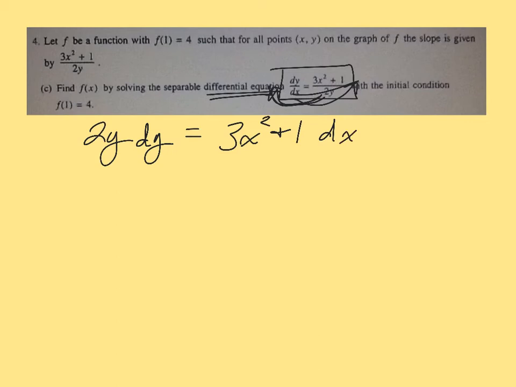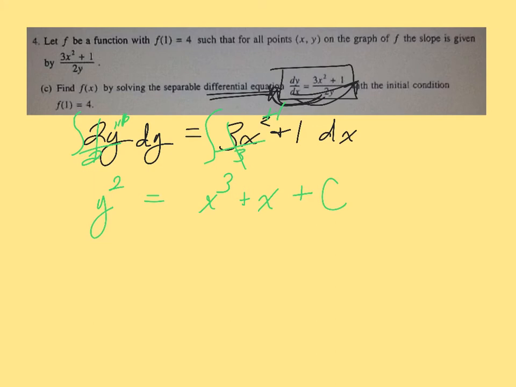So we're separating out our x's and y's. Next step, let's take the integral of both sides. So the antiderivative of both sides here. Well, these actually work pretty nice because remember, this is a y to the 1. I'm going to add 1, so that's going to be y squared, and then I divide by 2. Well, that just cancels out, so I get y squared. Over here, I'm going to add 1, so that's a 3, and divide by the 3, so that is x cubed, and here this is x to the 0, that just becomes x, and this is the point where I put in the plus c.